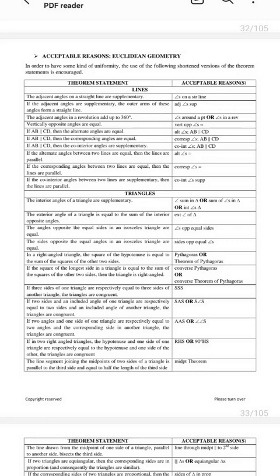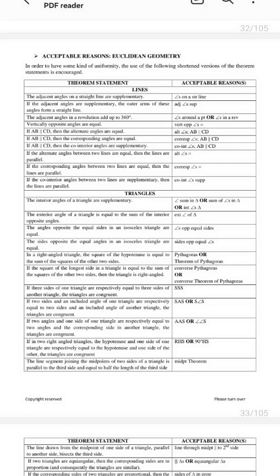The third statement that refers to triangles says the angles opposite the equal sides in an isosceles triangle are equal. Again, the statement says the angles opposite the equal sides in an isosceles triangle are equal.